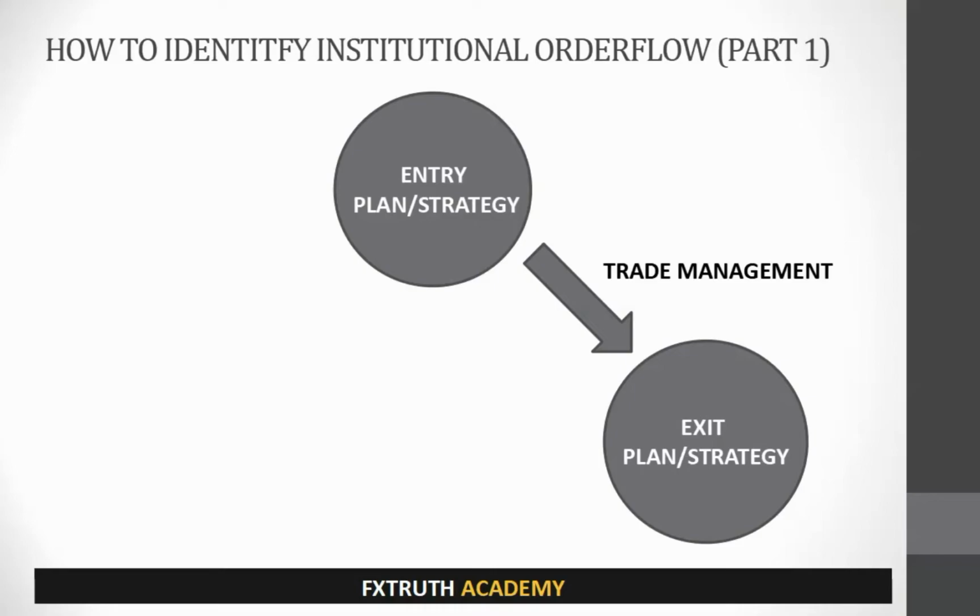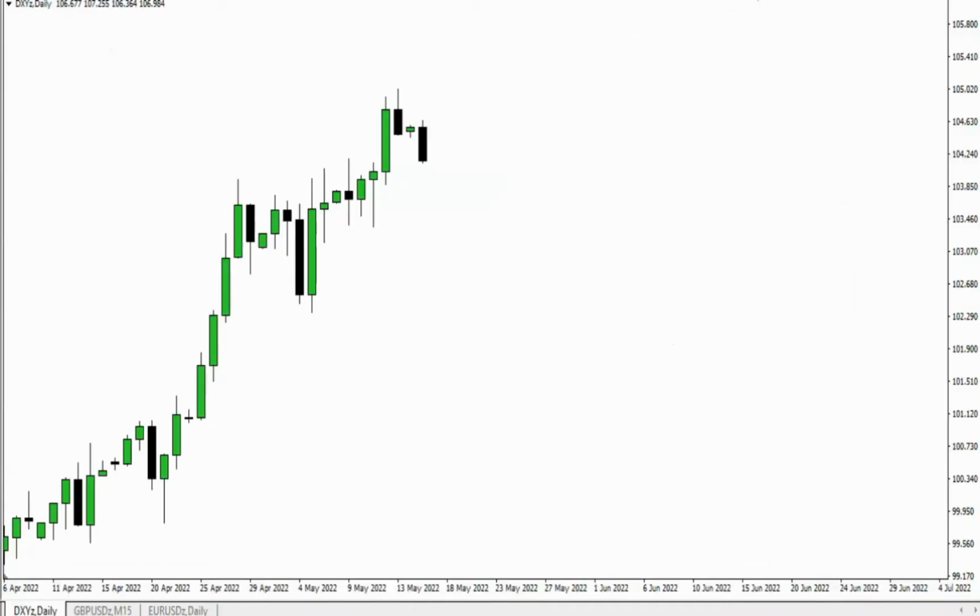But between the time period of your entry to your exit, there's always what is known as trade management. So sometimes price may not get to your original planned objective, which is where your exit plan is. So you need to know how to manage your trade within that time period, depending on your style of trading. You understand? So with that said and done, let's just get into some examples.